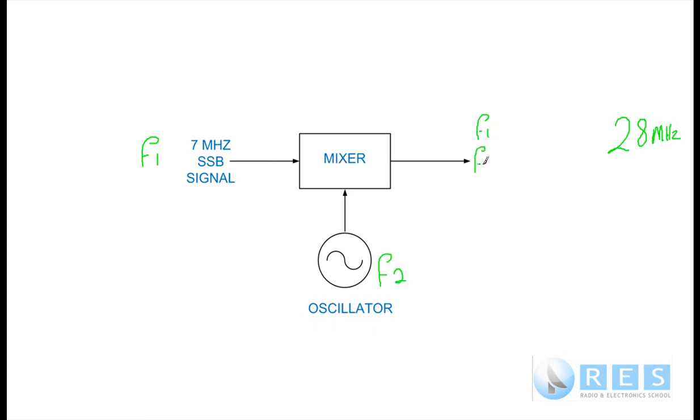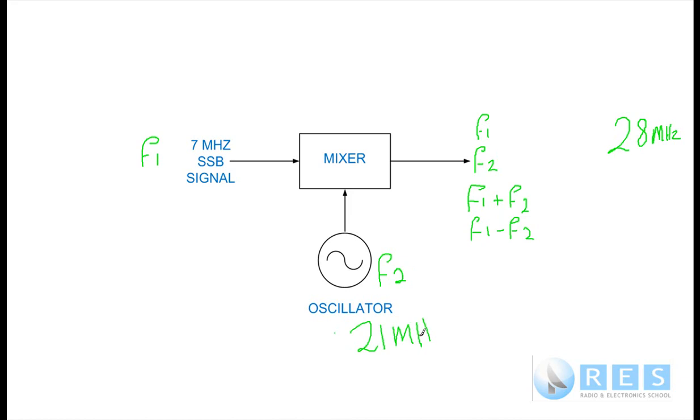We're going to have F2, we don't want that, we've already got it. We're going to have the sum and difference, F1 plus F2, and assuming F1's the highest, F1 minus F2, and we're going to have some other ones too, but they're the important ones. So what if I put the oscillator on 21 megahertz?